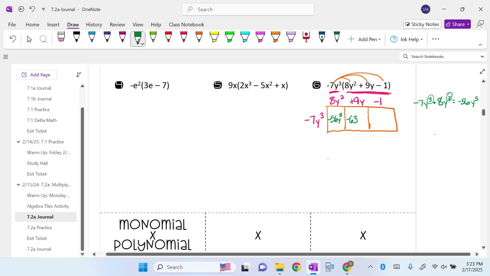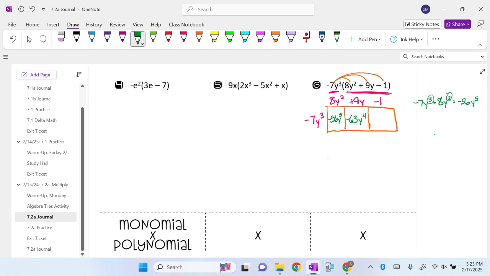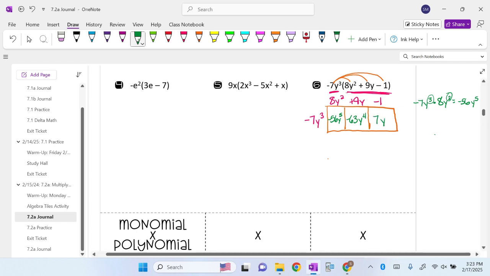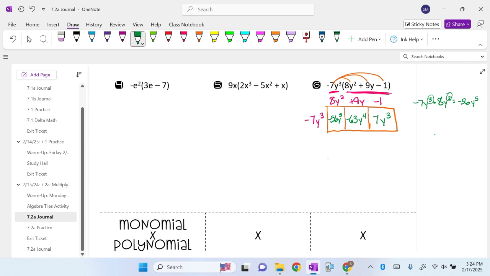Y cubed times y to the first is y to the 4th if we add those exponents. Then negative 7y cubed times negative 1, all you do is just change the sign of the negative 7y cubed, so it would be positive 7y cubed. And then you just take it out of the box. So this would be negative 56y to the 5th minus 63y to the 4th plus 7y cubed. And that's really all there is to it.